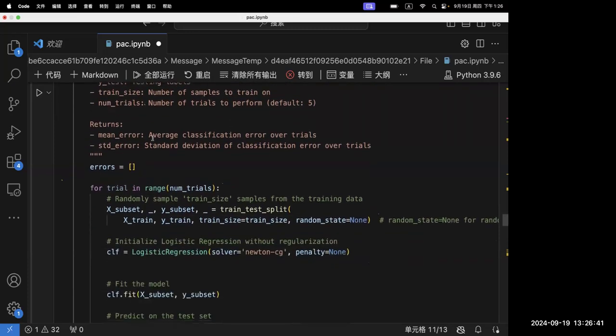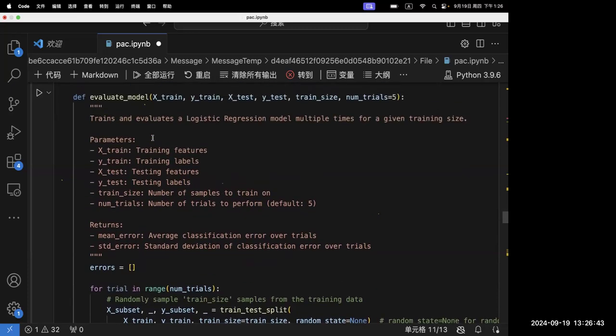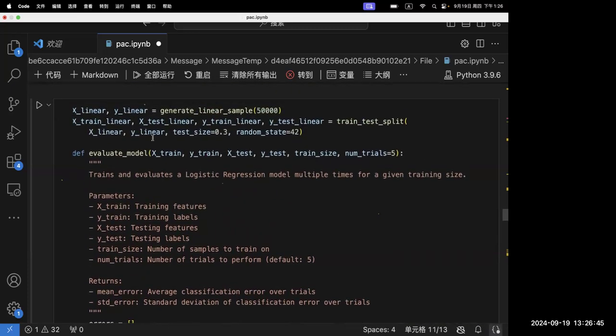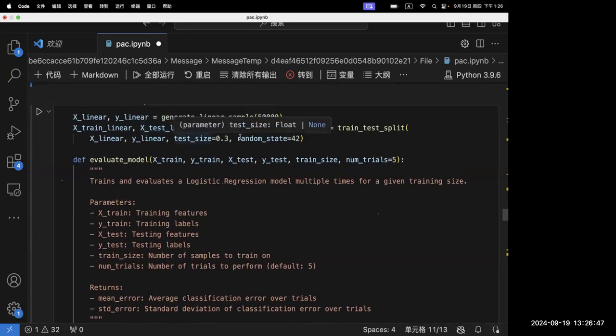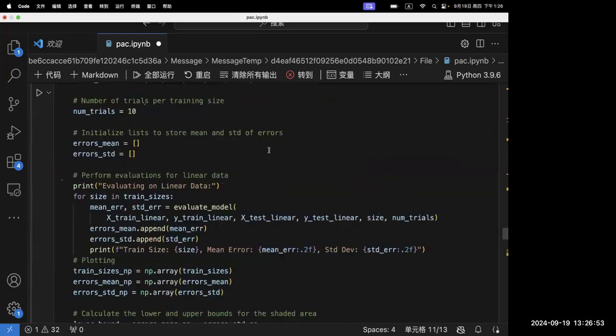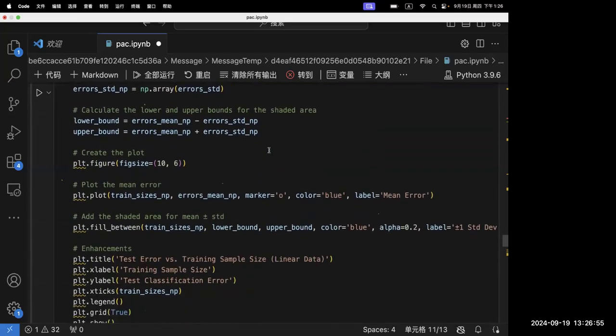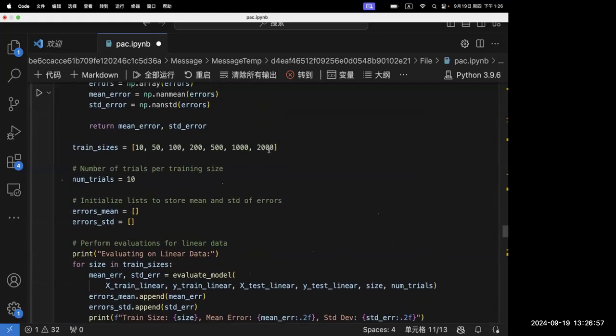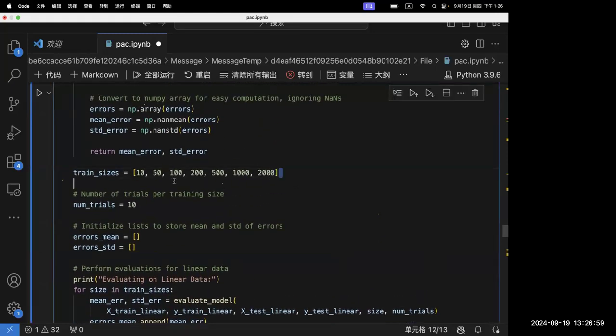So in this example, we are downsampling from the original distribution. We have different levels of numbers of data points.